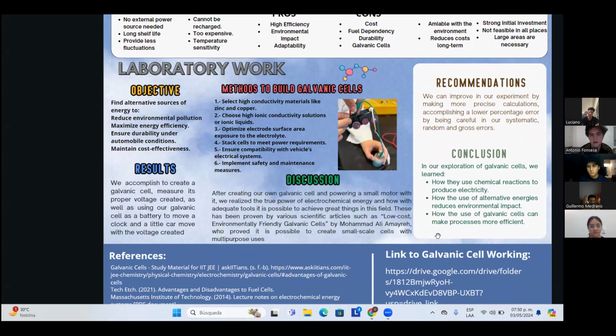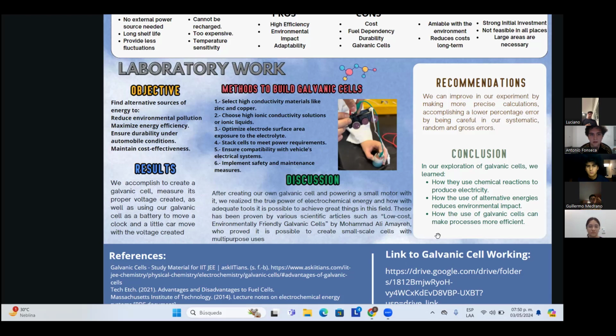Also, to maximize energy efficiency, because there are several sources of energy right now, as my classmates explained previously, and also to ensure durability under automotive conditions and maintain cost effectiveness, because industries must also worry about economic issues that relate to environmental processes.